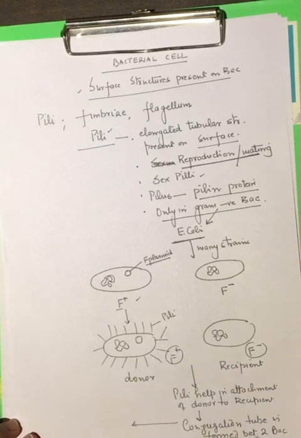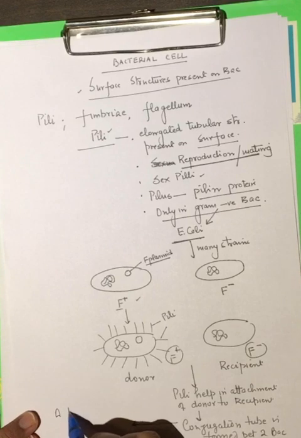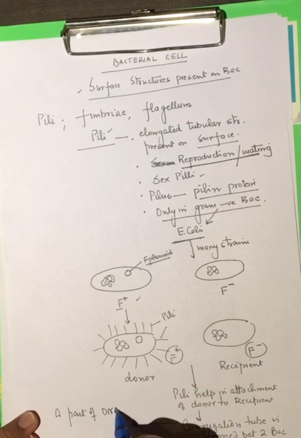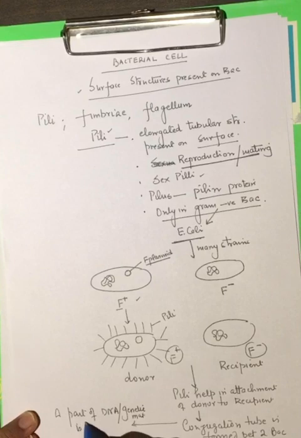So through the conjugation tube, a part of DNA, that is the genetic material, is passed from donor to recipient, right?